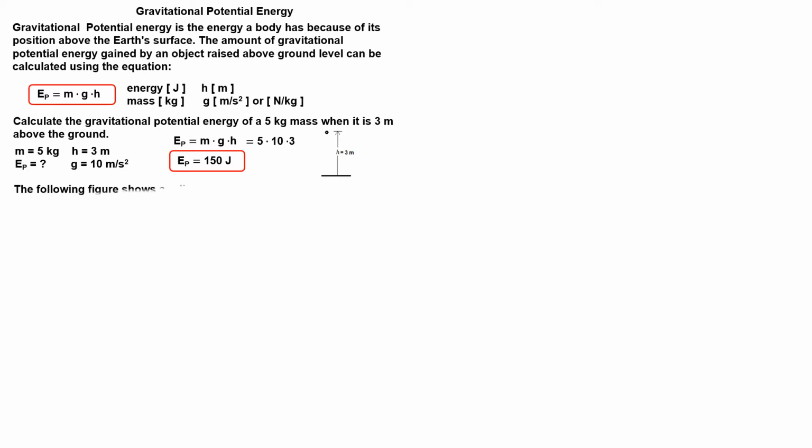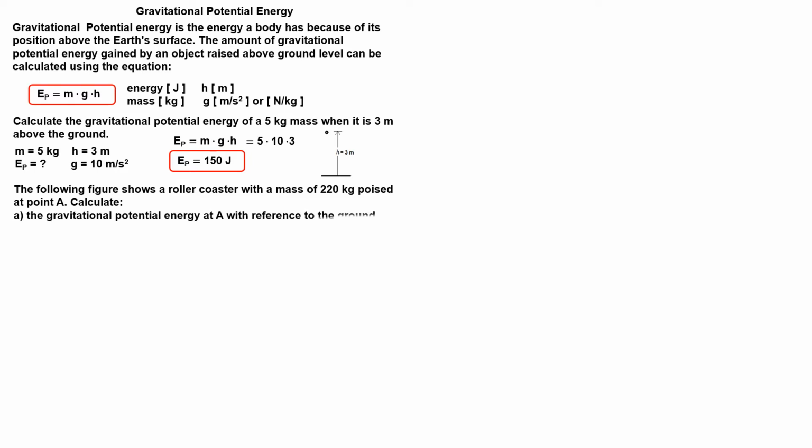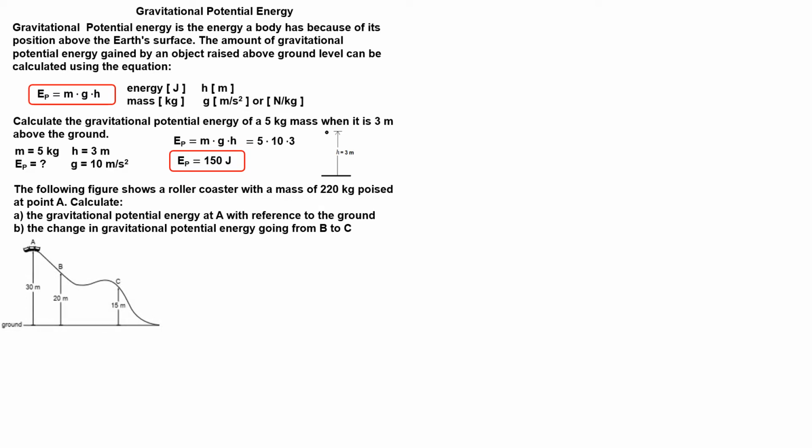The following figure shows a roller coaster with a mass of 220 kilograms poised at point A. Calculate the gravitational potential energy at A with reference to the ground, and the change in gravitational potential energy going from B to C. To find gravitational potential energy relative to the ground, we use that surface to define h equals 0 and make all height measurements from there.